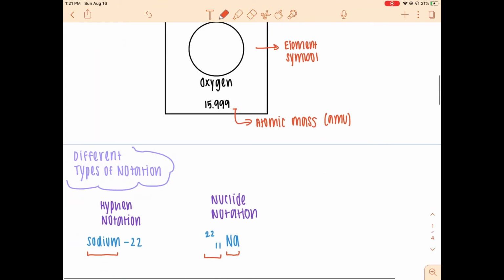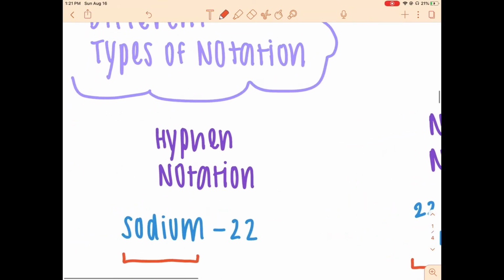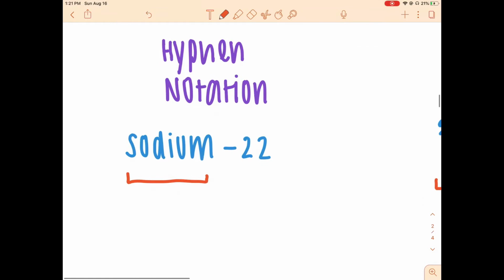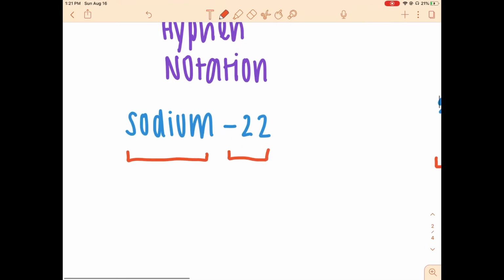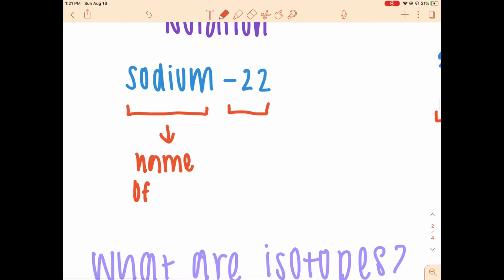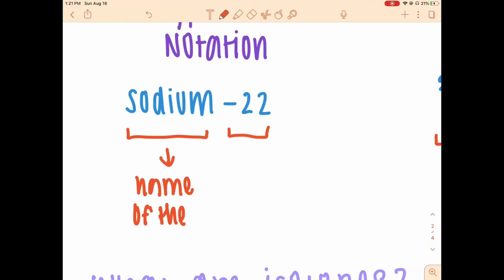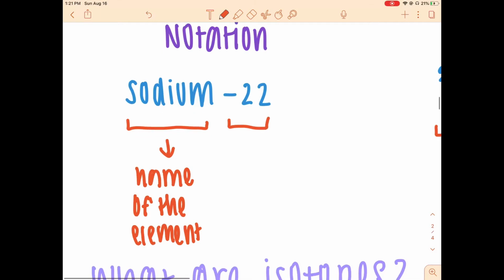Now there are different types of notation that we can use to write out an element. The first one is hyphen notation. There are 2 parts. The first part is the name of the element, and you're just going to write out the entire element name, not use the element symbol. The second half is what we call the mass number.